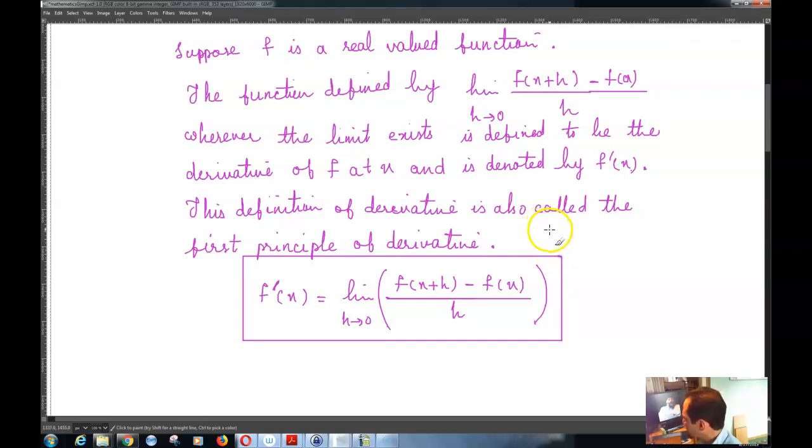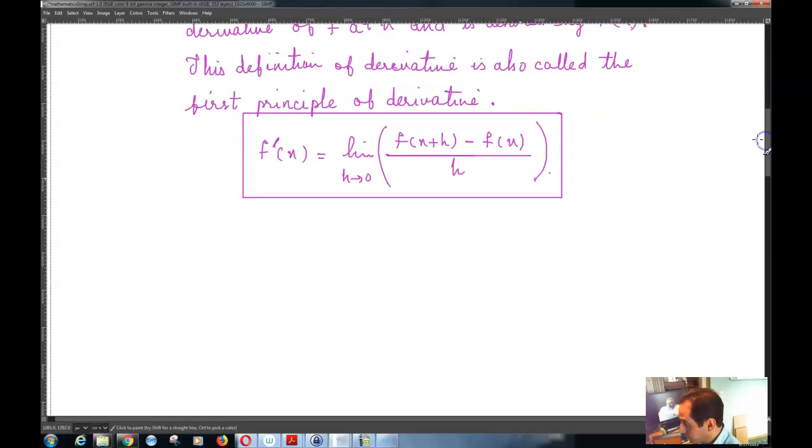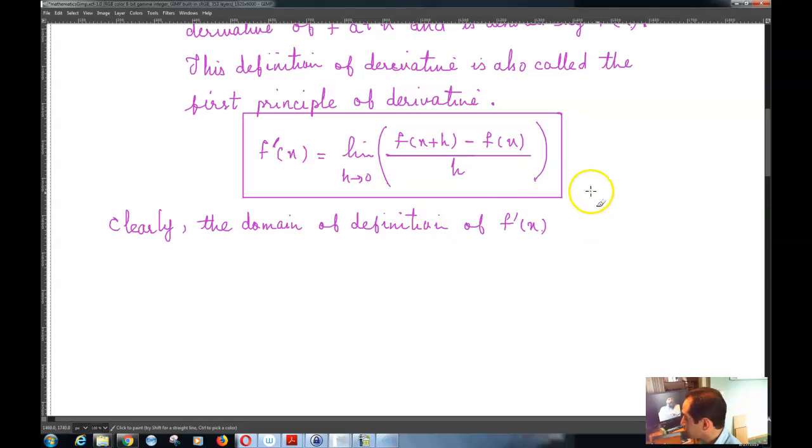Now, clearly the domain of definition of f prime of x is wherever the above limit exists.